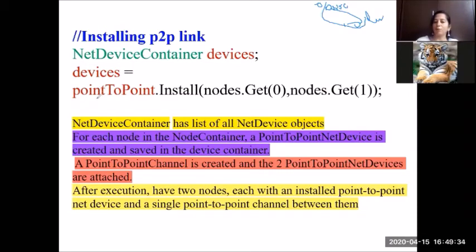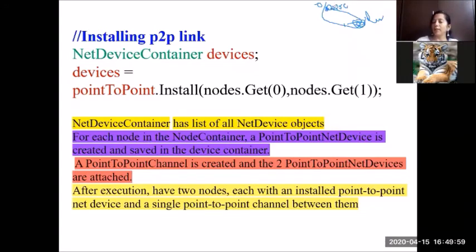And what am I going to do? In these devices, I will install the devices on the point-to-point link between two nodes, nodes.Get(0). When I say Get(0), it is this node, the 0th node, and nodes.Get(1) is the first node.